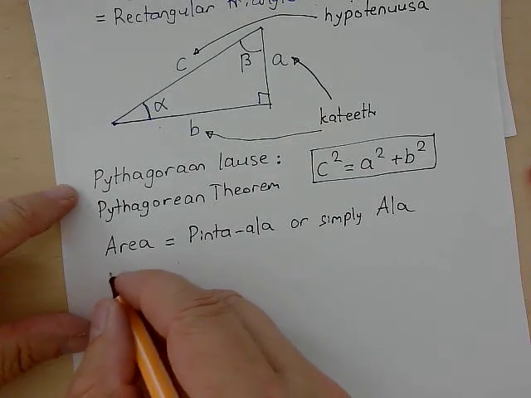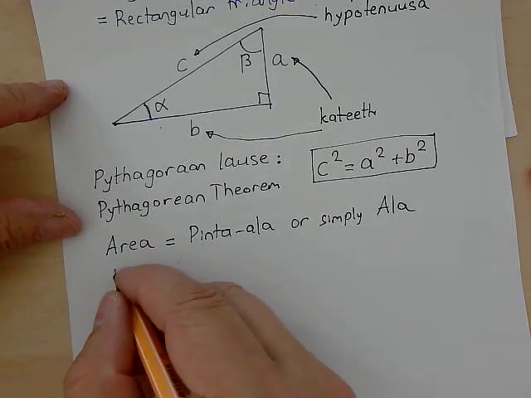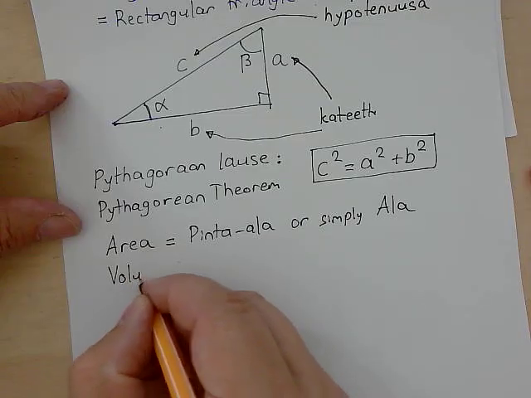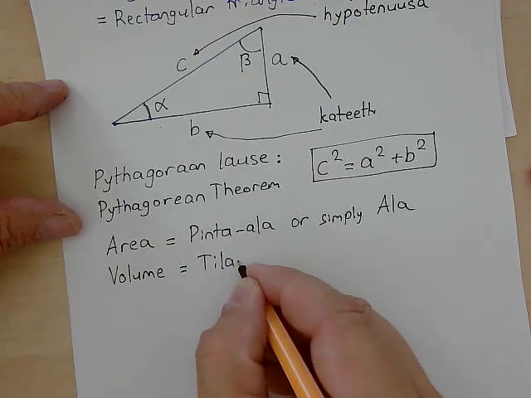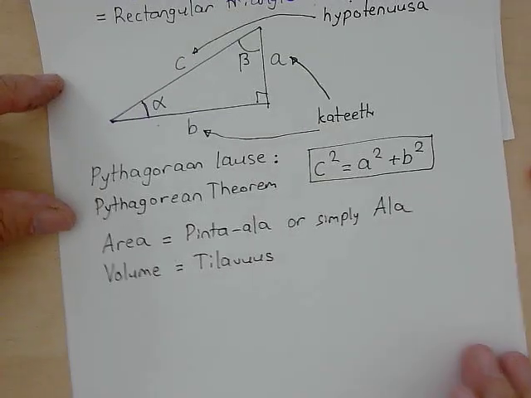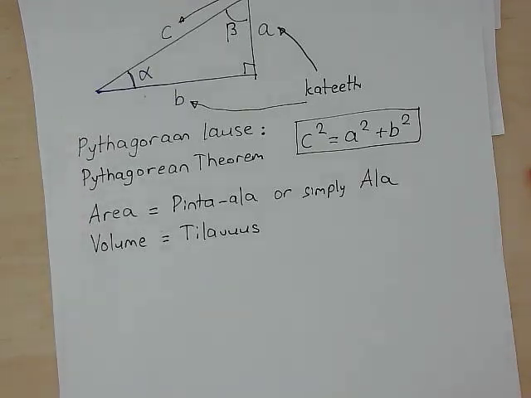Now let's take this. We don't use this in triangle, but let's take volume. It's tilavuus in Finnish. So expression is lauseke.